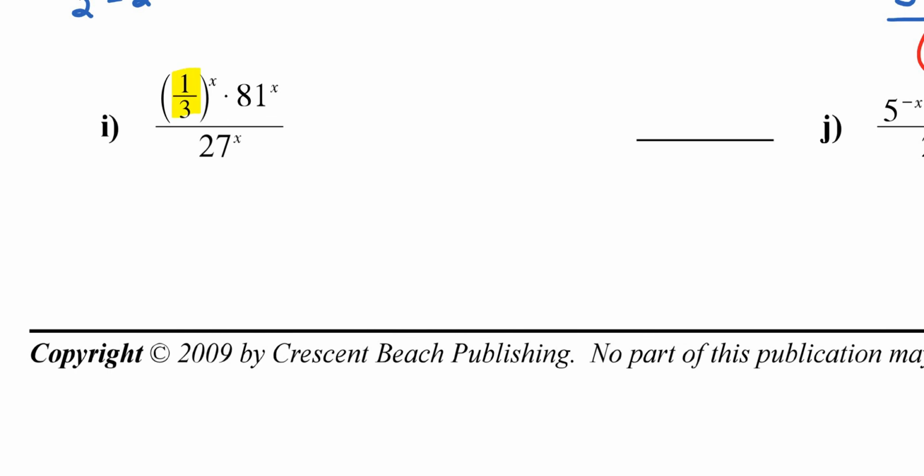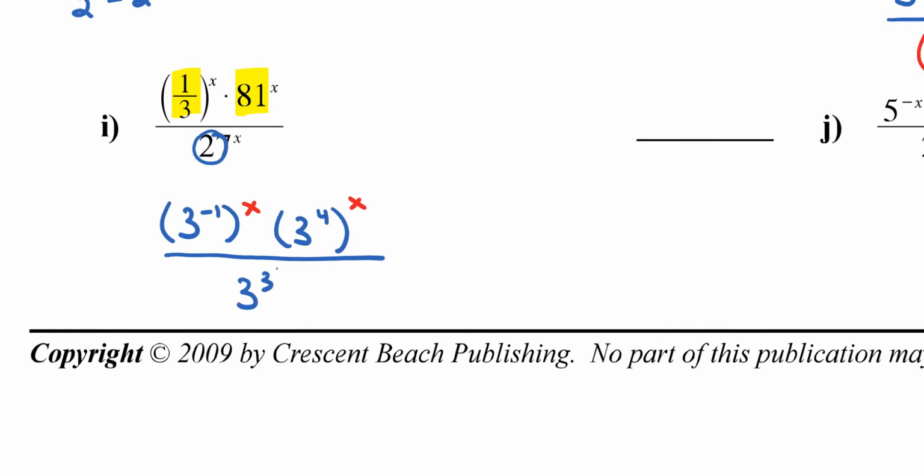Starting with this (1/3), 1/3 is the same thing as 3 to the power negative 1, and then the x tags along. And then 81 is the same thing as 3 to the power of 4, and then the x tags along. And on the bottom, 27 is the same thing as 3 to the power 3, and then the x tags along.